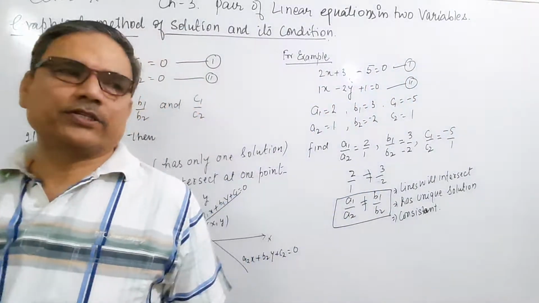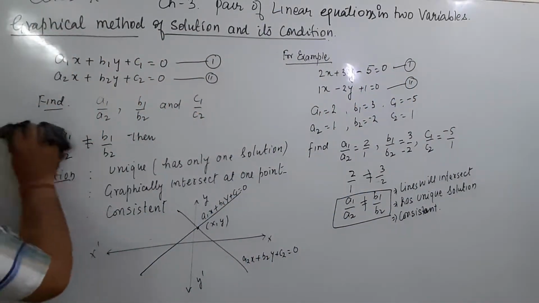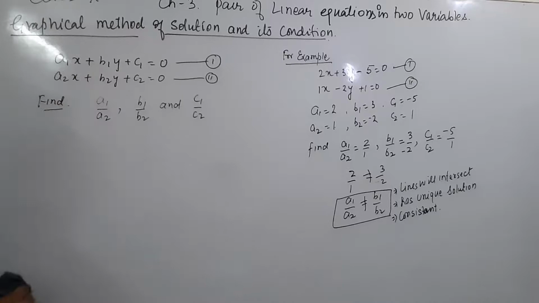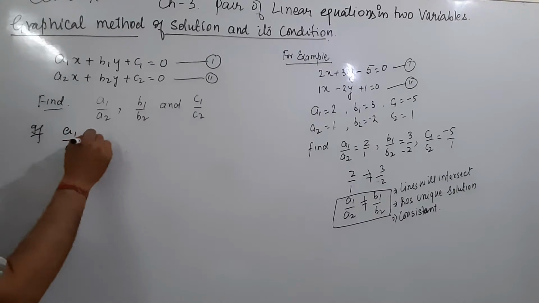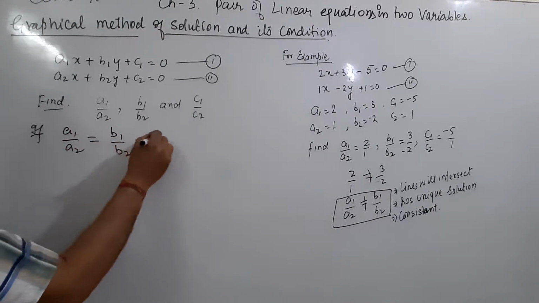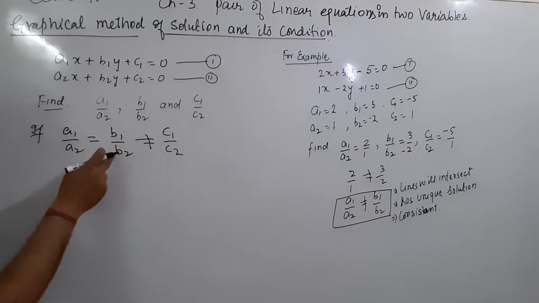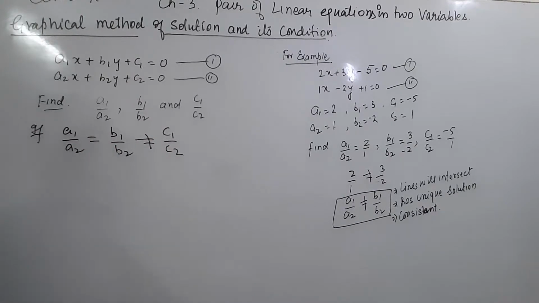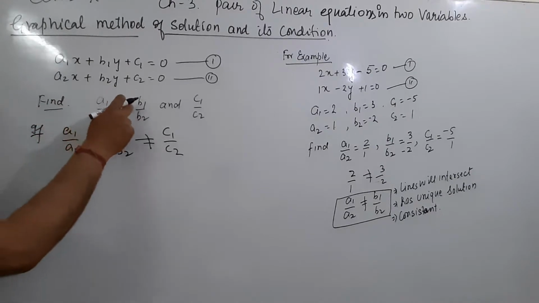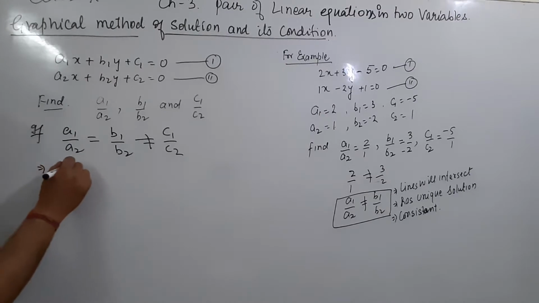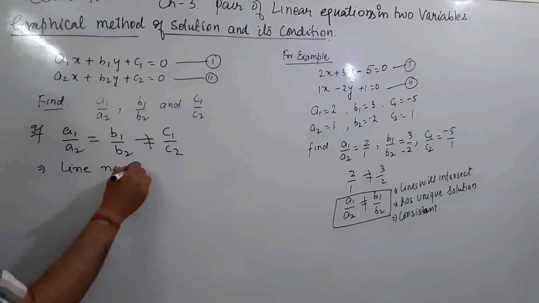And now the second condition. If a1 upon a2 is equal to b1 upon b2, which is not equal to c1 upon c2, meaning the ratio of the coefficients of x is equal to the ratio of the coefficients of y, not equal to the ratio of the constant terms, then the lines never intersect.